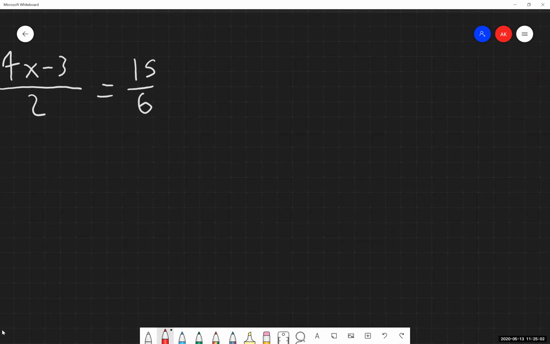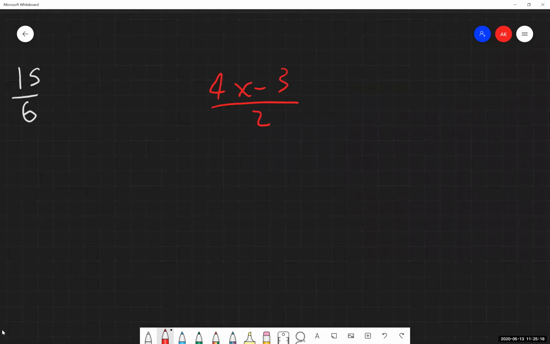There's a very big difference between having 4x minus 3 over 2, make this 3 a bit better. So 4x minus 3 over 2 versus 4x over 2 minus 3.